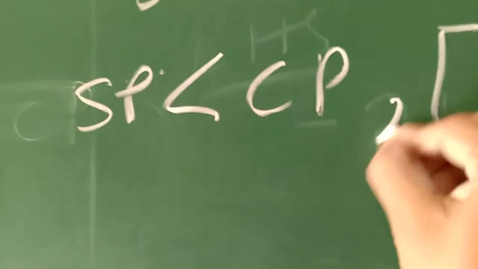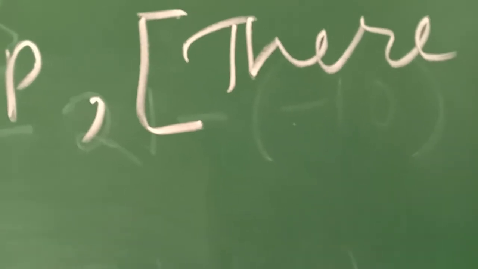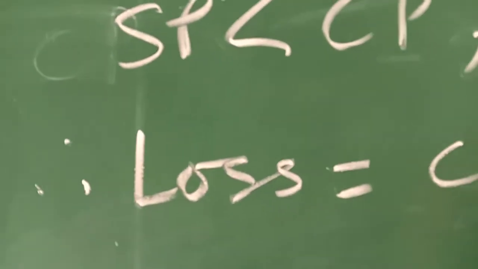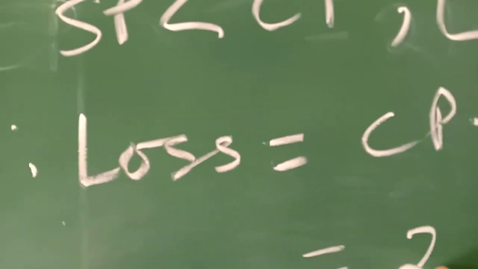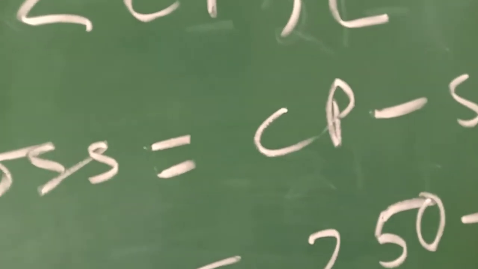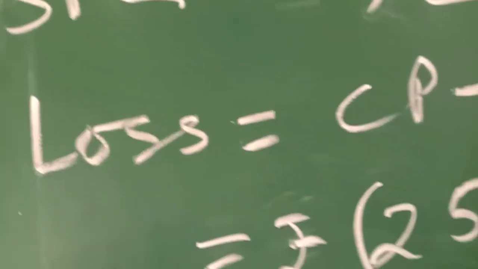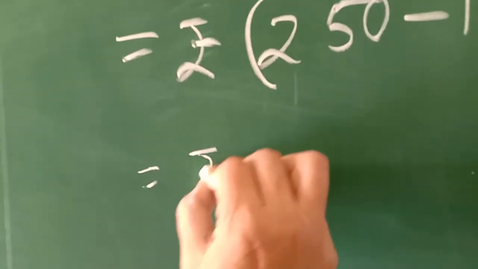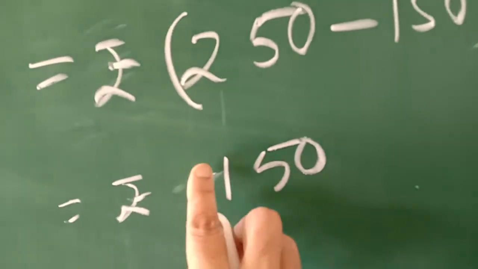So there is a loss equal to CP minus SP. What is CP? 250 minus 150, rupees 250 minus 150. Now your answer will be rupees 100.